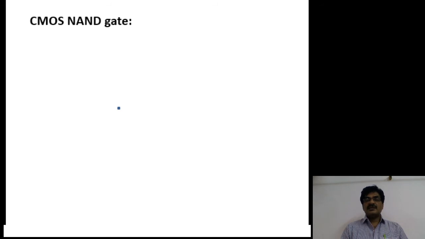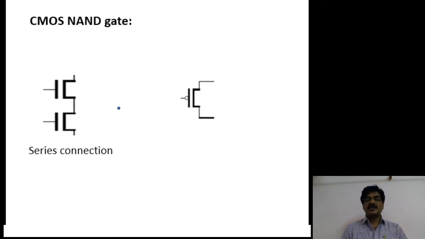If the number of transistors is more than 1, they may be connected either in series or shunt connections. Let us see how to construct two transistors in series. So this is the series connected MOS transistors, and the shunt connection representation is like this.